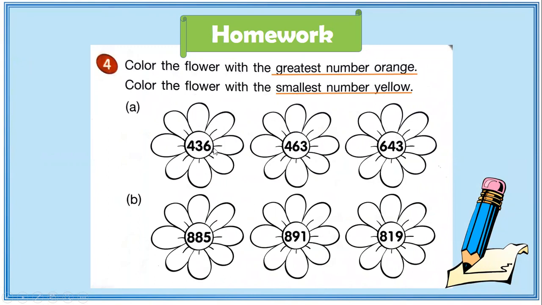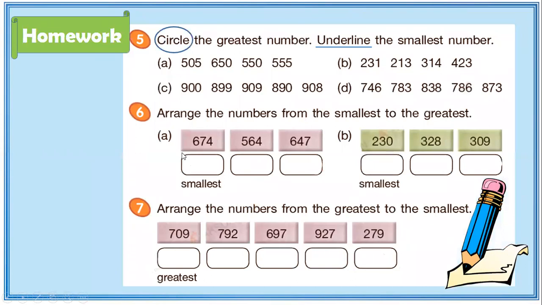So for letter A, among these numbers, which is the greatest? So you need to color it with orange color. And then the smallest number, color it with yellow color.